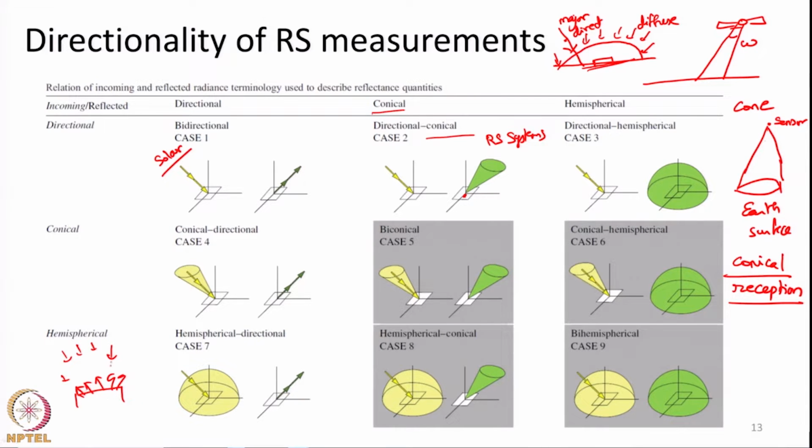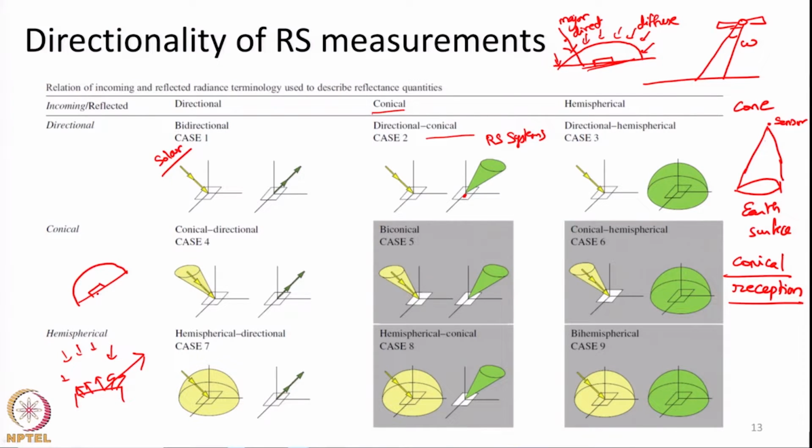Some objects may reflect in one particular direction, whereas most objects have the tendency to reflect in many different directions surrounding them. Hence, if we want to calculate the total amount of energy going out of an object, we will need to measure over the entire hemisphere surrounding the object.